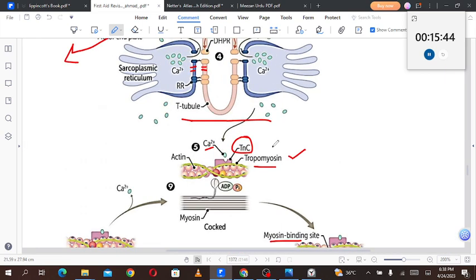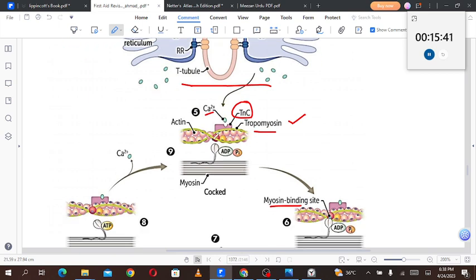Tropomyosin is present over the actin filaments and does not allow the myosin to bind. When the tropomyosin is removed from the myosin binding sites on actin, the contraction can occur.